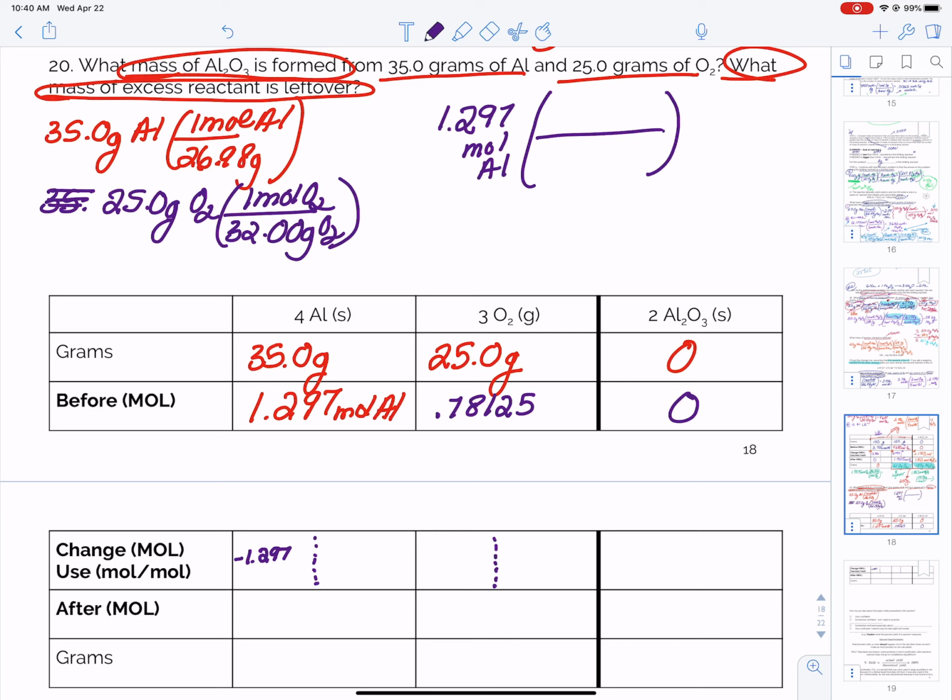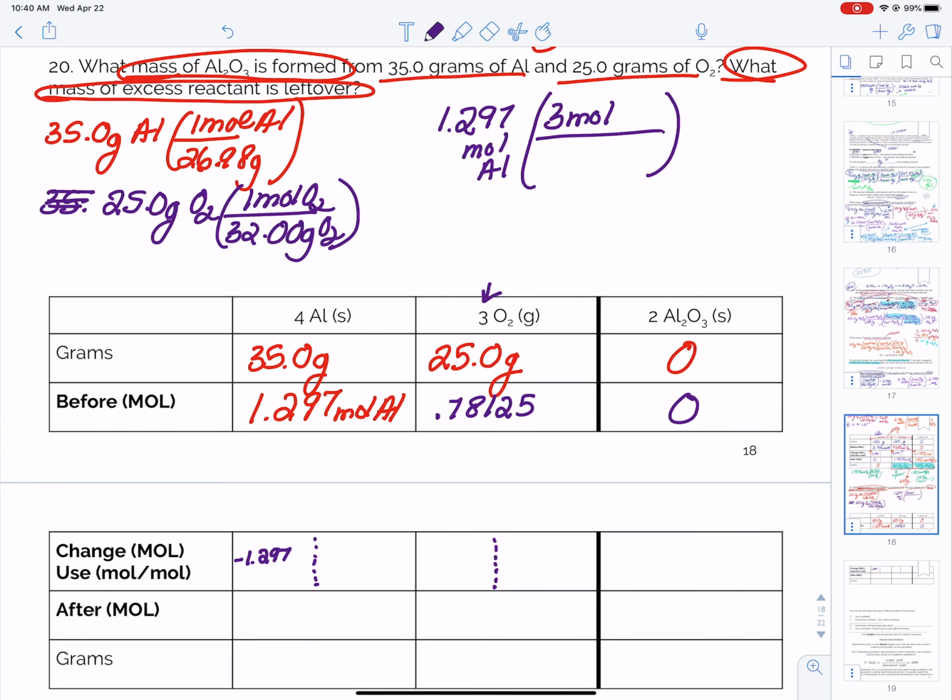I look at the coefficients from the balanced chemical equation. Looking at the coefficients here, 3 moles of oxygen reacts with 4 moles of aluminum. So I do that, multiply by 3, divide by 4. The number that I get is 0.9735 moles of oxygen.